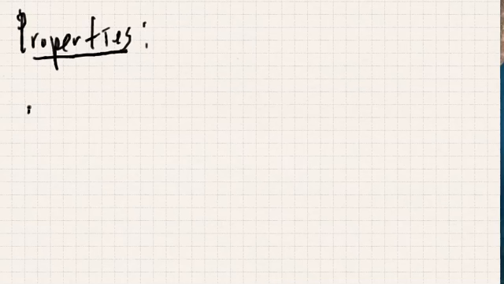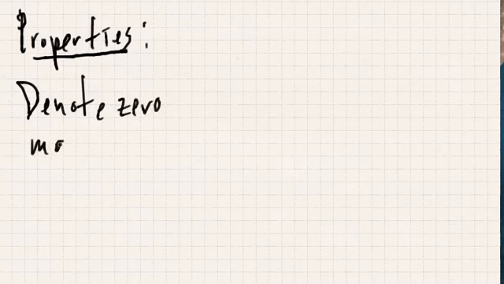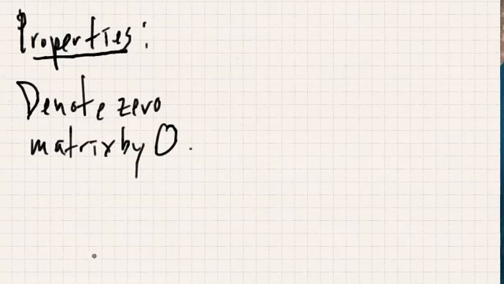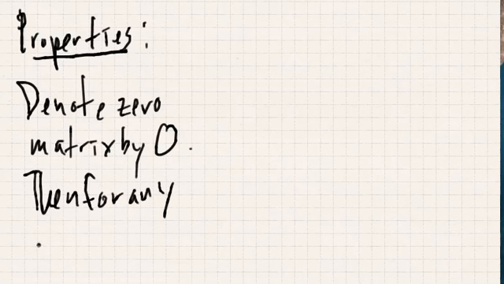And the 0 matrix satisfies some typical properties. So let me denote the 0 matrix of any size by 0, just so I don't have to write it down each time. Then, for any matrix, I'm going to write it with a capital letter.